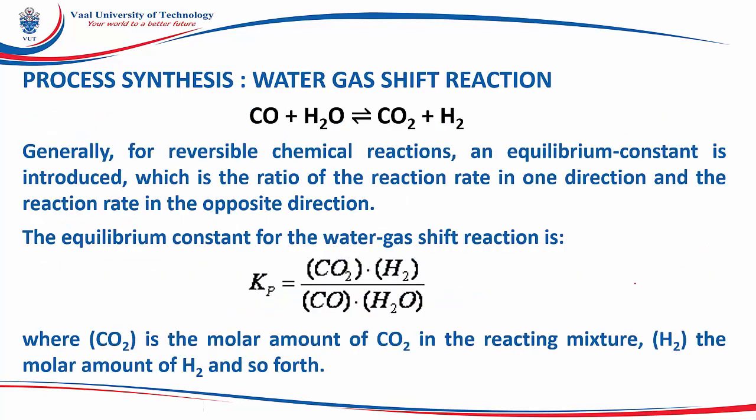Generally, for reversible chemical reactions, an equilibrium constant is introduced, which is the ratio of the reaction rate in the forward direction to that in the reverse direction. The equilibrium constant is usually given as the ratio of products over reactants.